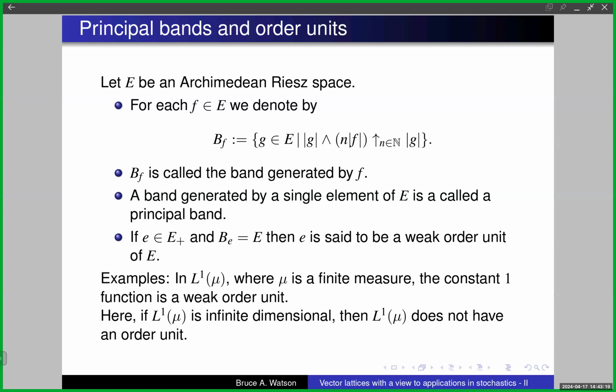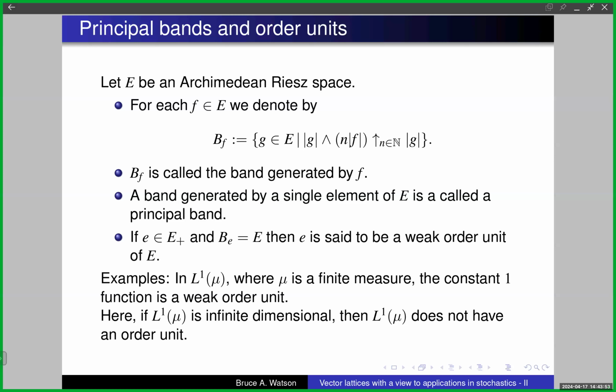Now, we had the concept of an order unit in the previous slide. Well, what happens if there's an element from our positive cone which generates a band where the band is the entire space? In that case, we say that that element e is a weak order unit of E. Some examples are L1 over a finite measure.